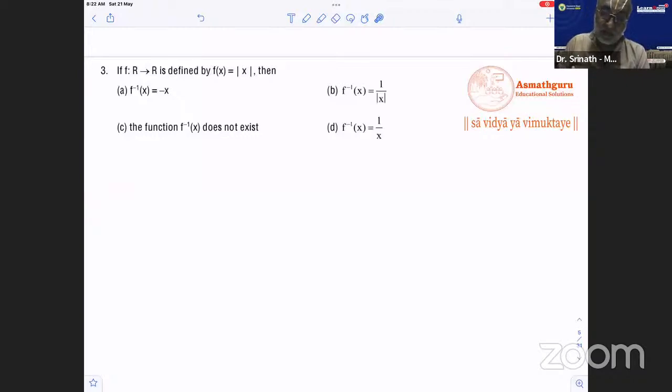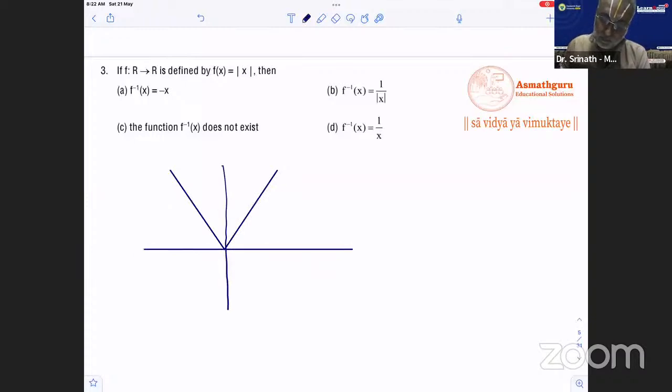See, as I told you in the beginning, if you take this mod x graph, and you take this as minus 1, it goes to 1, and this 1 also has its image 1. So observe that f of minus 1 is 1, and f of 1 is also 1.